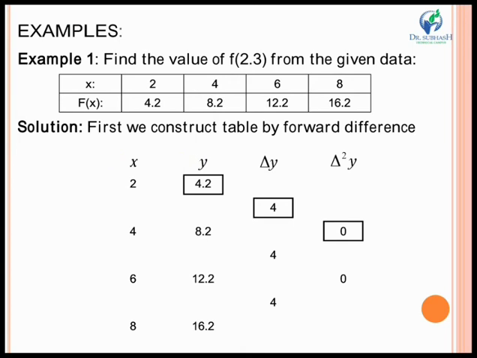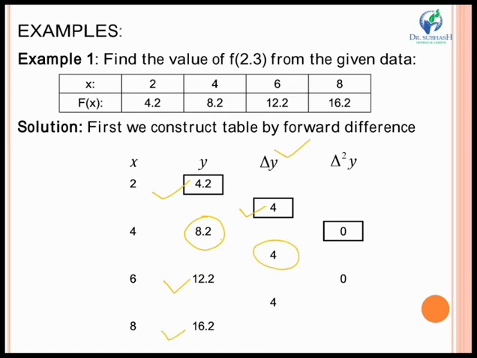Now next, our first term will be delta y. Now how to find delta y? Second term minus first term. 8.2 minus 4.2, that is 4. Write it in between the lines. So when you are writing it, leave one line in between each and every term. Okay, now next, 12.2 minus 8.2, that is equal to 4.